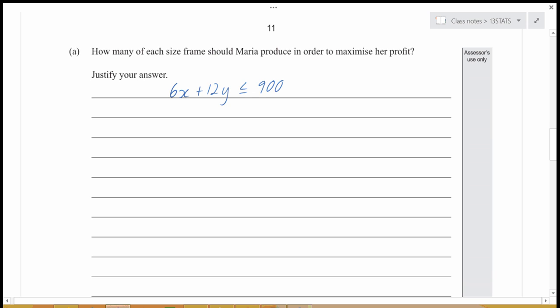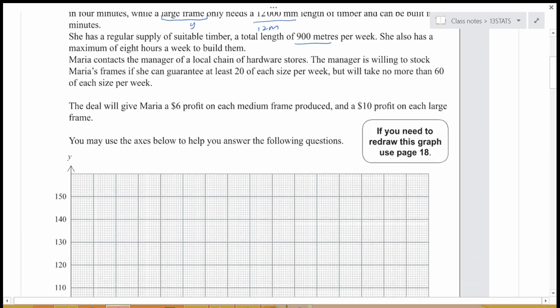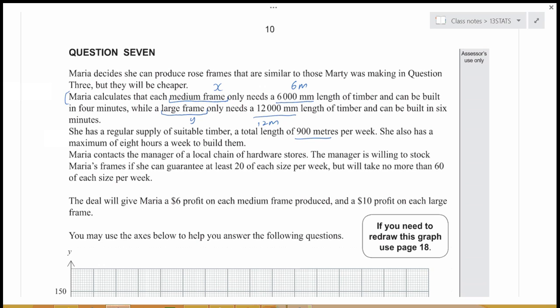And that's our first constraint. Why is it less than or equal to 900 meters? Because her supply is only 900 meters, that's why.